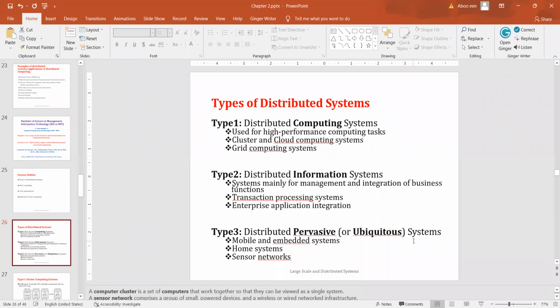Hello? Yes, sir. Then what is the third type? Type 3? What is the type 3? Hello? Type 3?